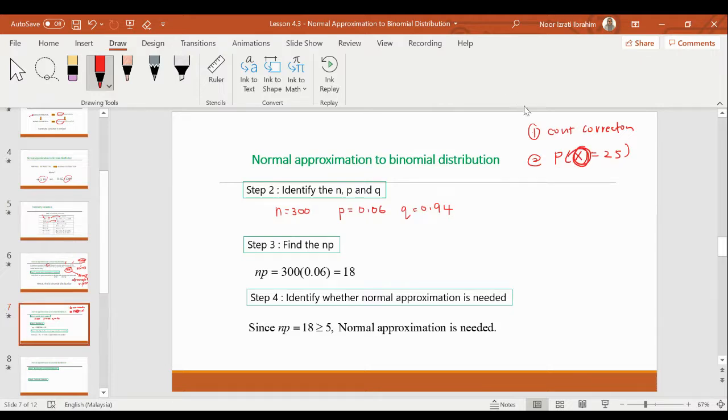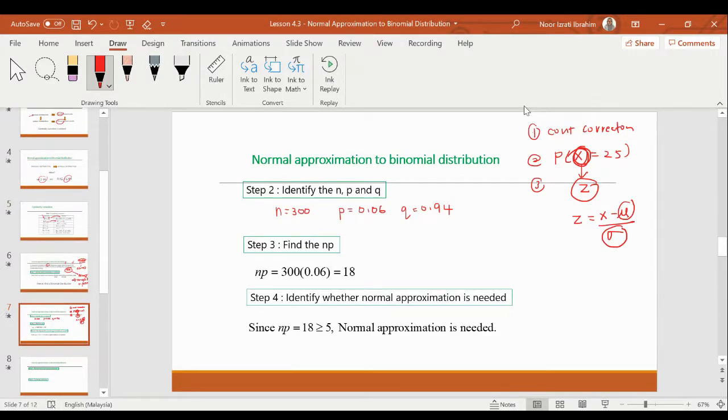Once we have converted to normal distribution, we actually want to find the value from the table. To find the value from the table, you have to change the x to become z. And from the previous lesson, z equals x minus mu divided by standard deviation. So you have to know the value of the mean and the standard deviation.